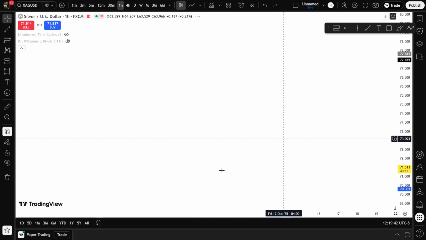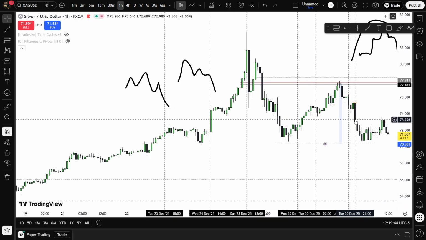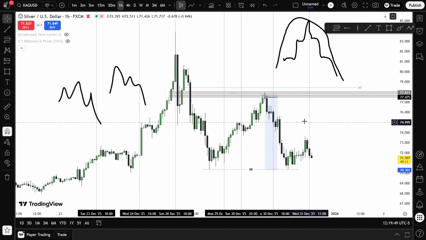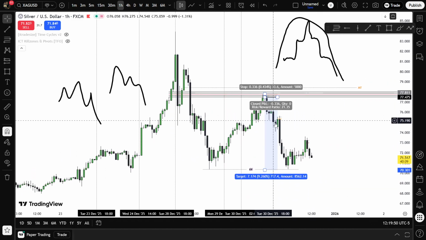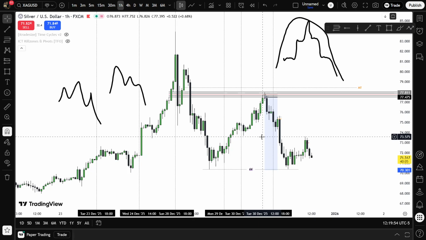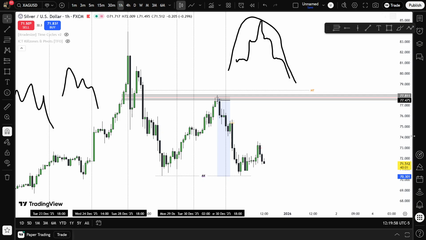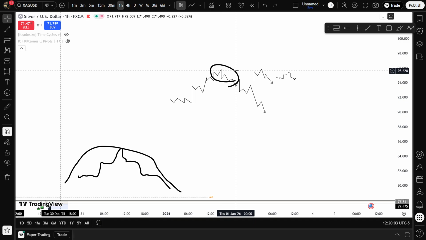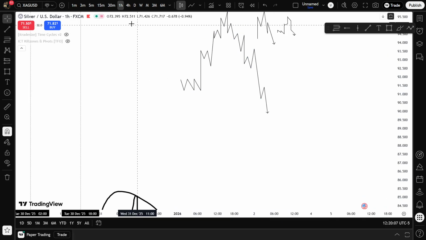So this is the 1 hour time frame right here. You can see the smaller market maker models are just up candle, down candle on the 1 hour time frame, but on this smaller time frame you can see the bigger market maker models. Like as I told you, this is the market maker sell model, right?